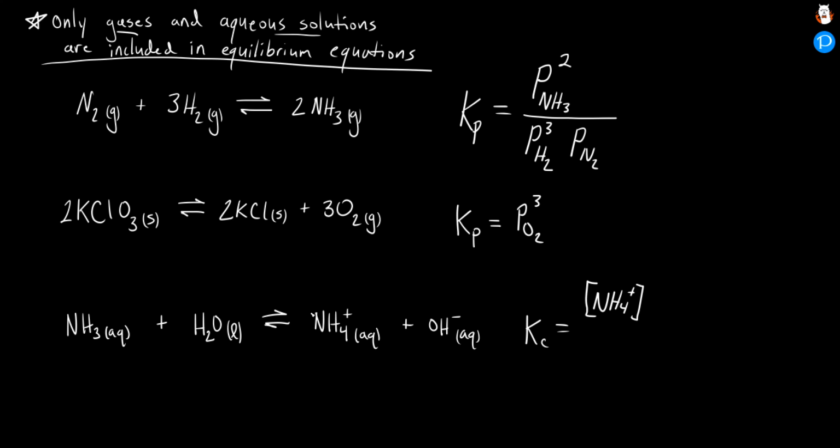I've got nothing in front here, so again, I'm not going to put a 1 or anything, just leave it like that, times the concentration of OH minus over the concentration of NH3. And that would be my equilibrium expression then for this reaction.